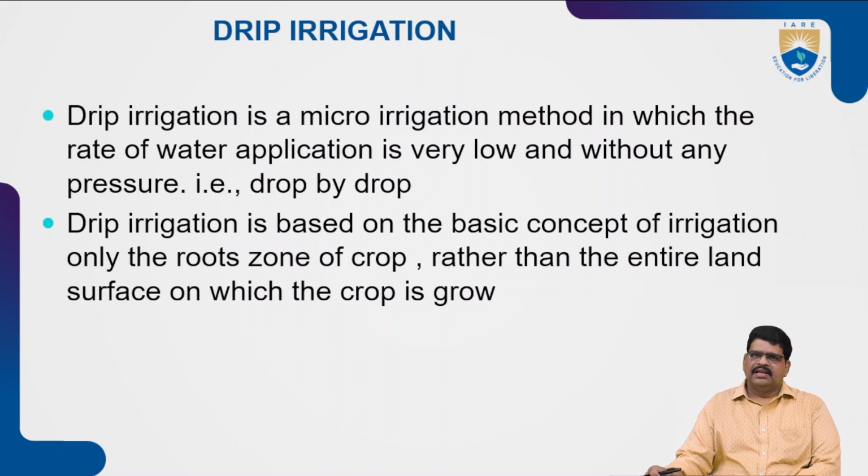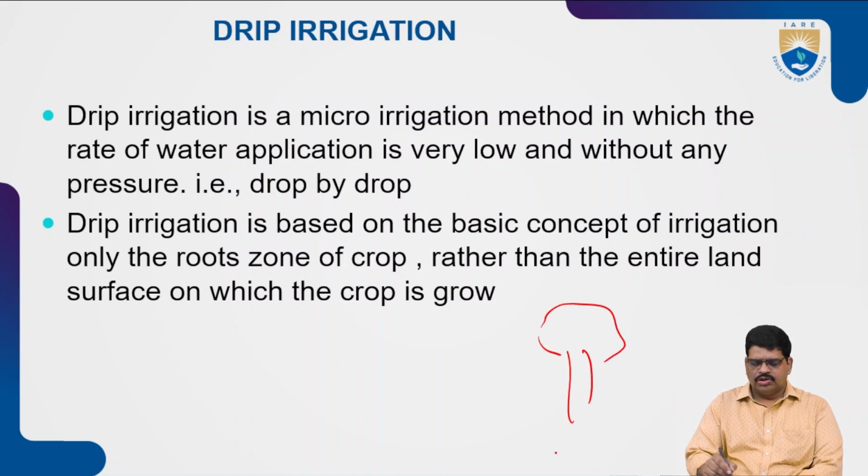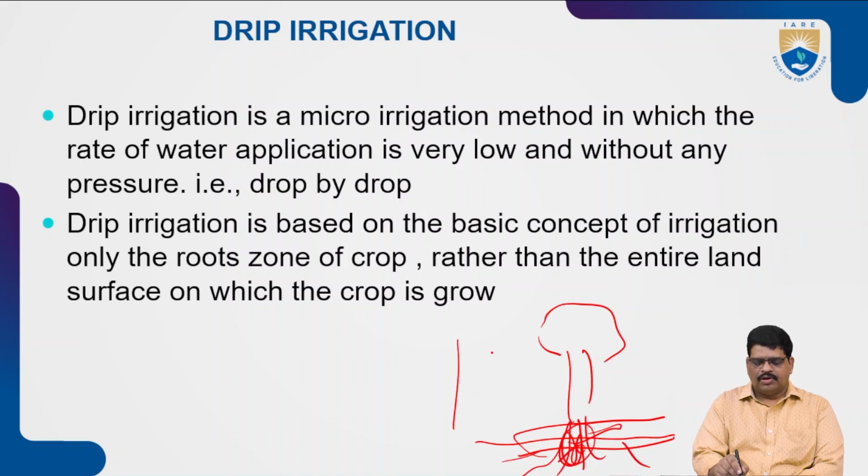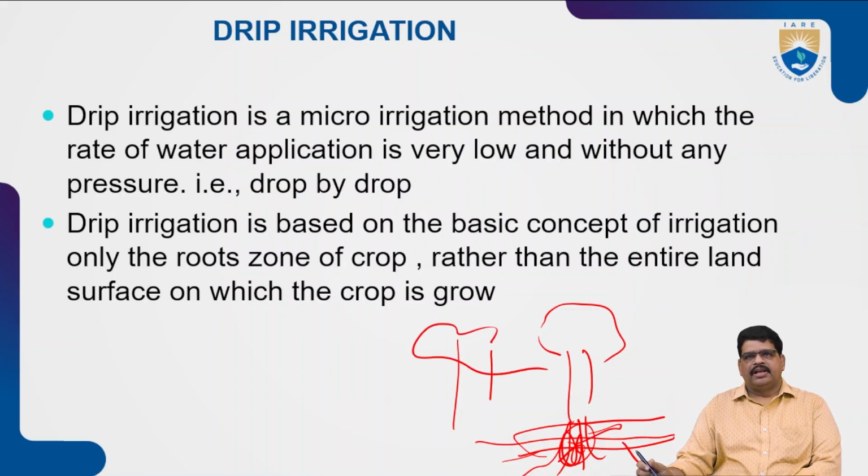Drip irrigation is based on the concept of irrigating only the root zones. Through pipes, the water is supplied directly to the roots of the plants. This is the type of system of drip irrigation.